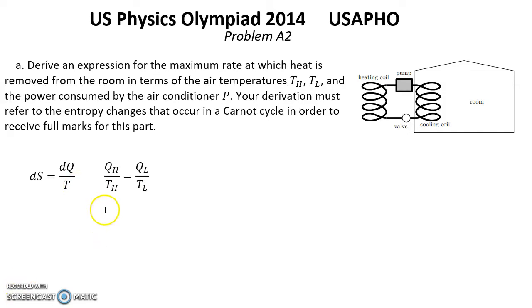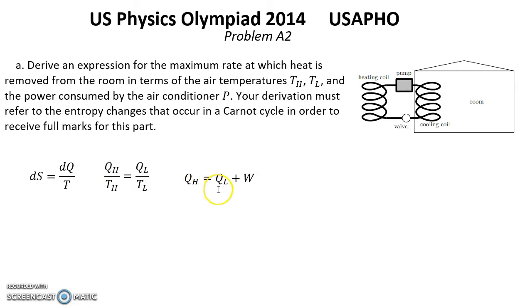We have Q high over temperature high equal Q low over temperature low. Also we have energy conservation. We have Q high equal Q low plus work done over the system W.